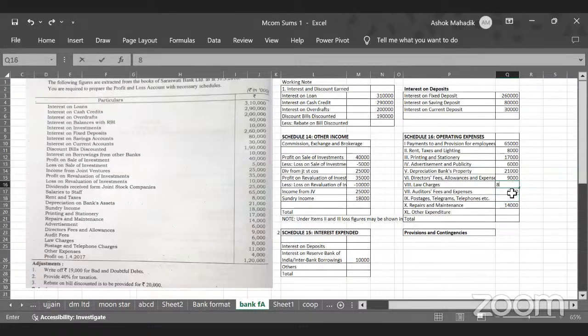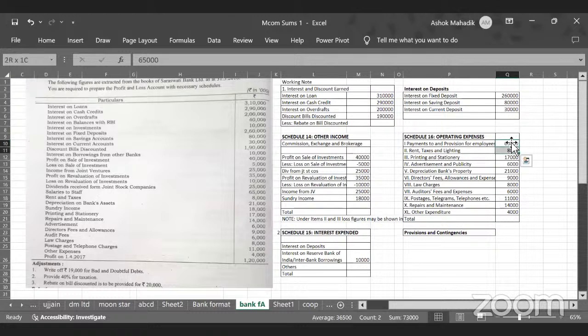Law charges, 8,000. Postage and telephone, 11,000. Then other expenses, 4,000. Okay, students.